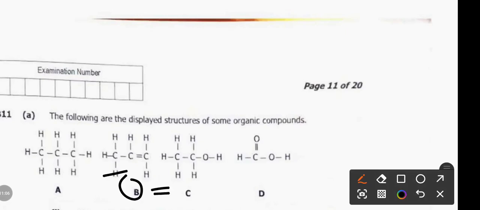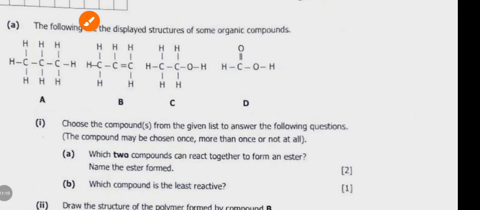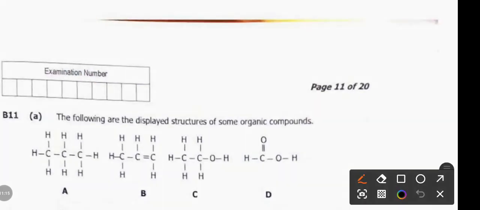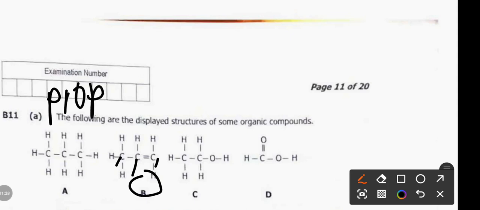So before we even draw the structure of this polymer, as the question has specified, we should first name this alkene that we have identified. Since it has 1, 2, 3 carbon atoms, its prefix will be prop. We should remember that all alkenes end with "ene", so its name is propene, right?